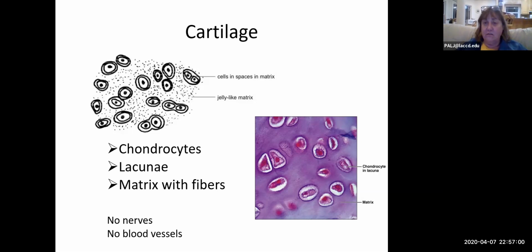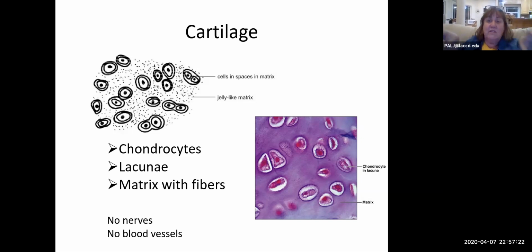But here's what's important about cartilage you may have forgotten when I was talking about it as connective tissue. There are no nerves in cartilage. That means if you tear or damage your cartilage, it doesn't hurt. And here's the other bad news. There's no blood vessels in cartilage. So any nutrition that cartilage is getting is having to diffuse from the surrounding connective tissue.